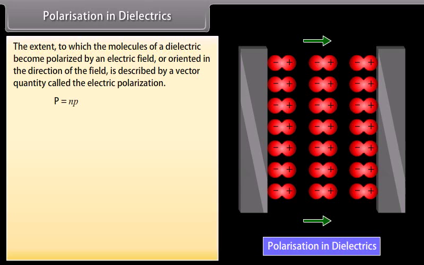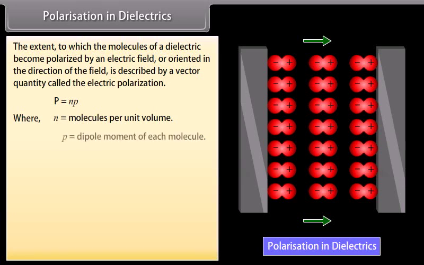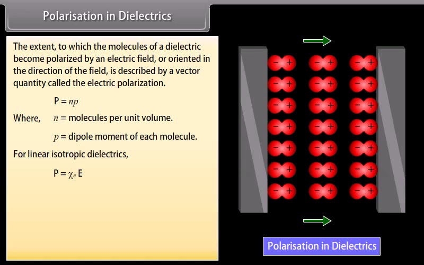P is equal to Np, where N is the number of molecules per unit volume and p is the dipole moment of each molecule. For linear isotropic dielectrics, P is equal to the product of Xi and E, where Xi is known as the electric susceptibility of the dielectric.